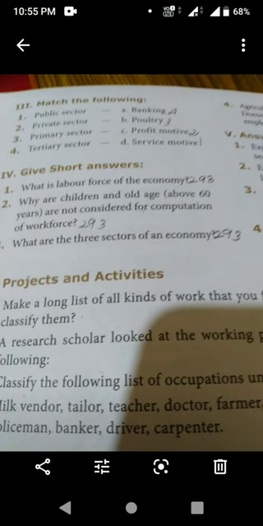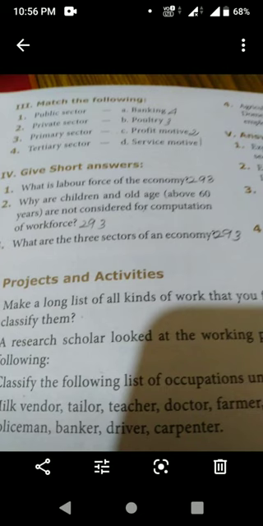Persons who are less than 15 years are considered as children, and persons who have crossed 60 years, that is above 60 years of age, are excluded as they are not physically fit to undertake productive occupation. If a larger percentage of the population is accounted for by children and old age persons, then the progress of the country would be very slow, as the working force is very small. It will be less. Okay, so that is the second question.